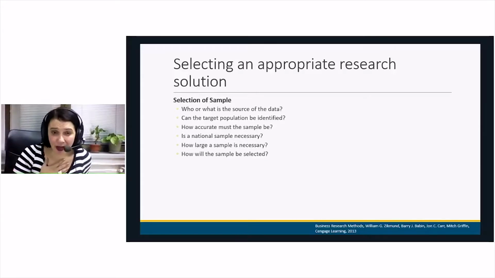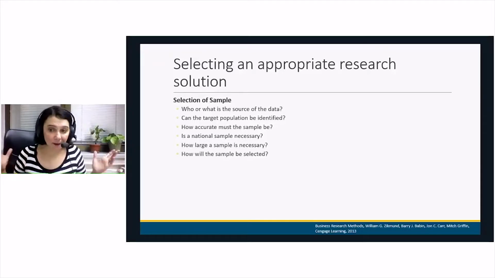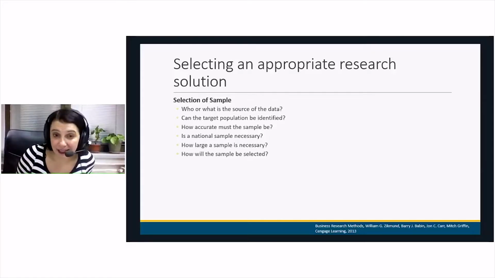We must know how accurate this sample is, because if we don't have enough people in the sample, then the conclusions might be misleading. Do we need a nationally representative sample, 1,000, as I already said? Or do we need a bigger sample if we need some kind of regional analysis?